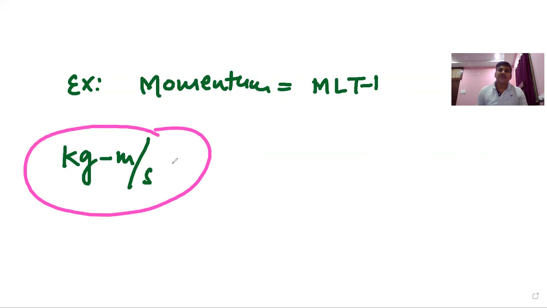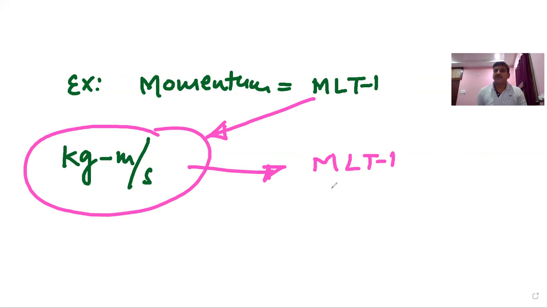In the reverse, if I know the units, I am converting into the dimension formula. kg stands for M, meter stands for L, per second is T inverse. So from unit, I am deriving the dimension formula, and from dimension formula, I am deriving the units. Both are possible.